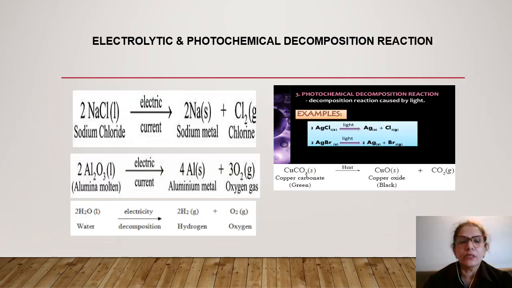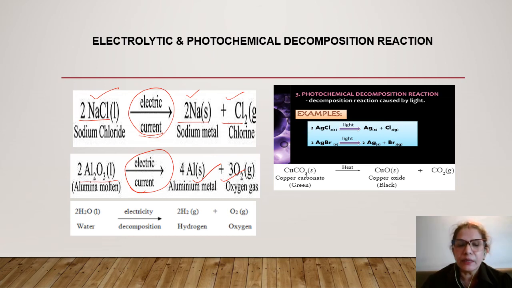So let us see some examples of electrolytic and photochemical decomposition reactions. Sodium chloride in the presence of electric current gives sodium and chlorine. So this is electrolytic decomposition, a single substance giving rise to two or more substances in the presence of electric current. Similarly, aluminium oxide in the presence of electric current gives aluminium and oxygen.